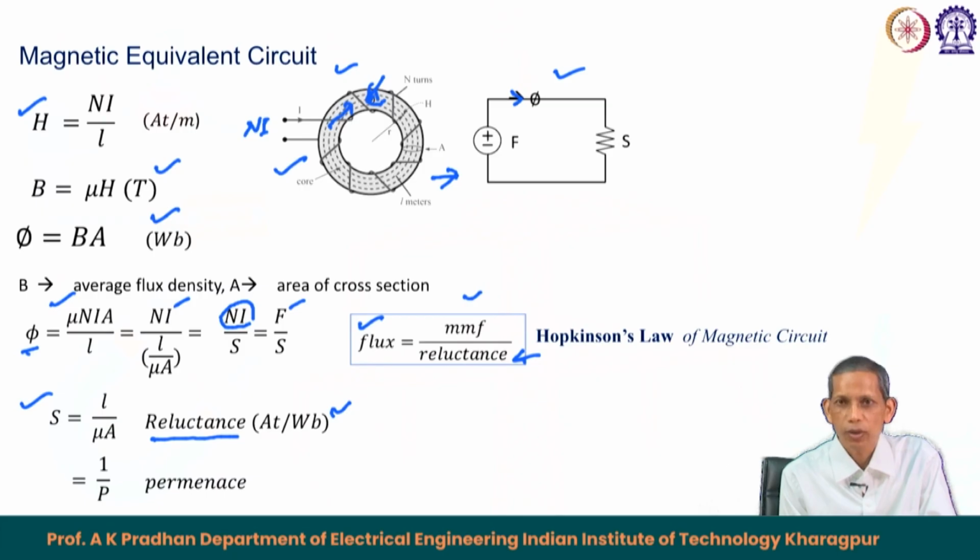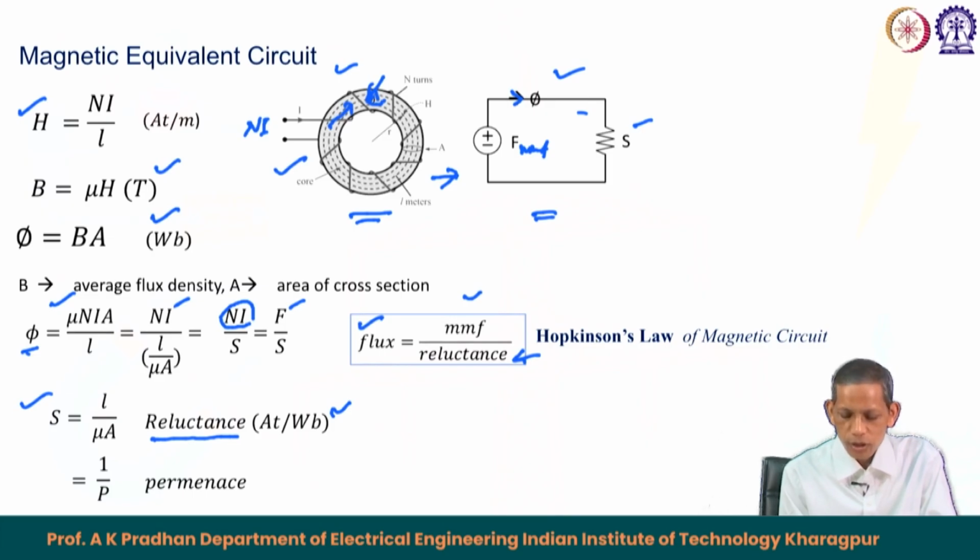The source here is the coil which provides N I amount of MMF. We start from there, the core has a reluctance S, you connect the source to the reluctance, and through this a flux phi is established. So, this is the corresponding flux phi in the core. For this magnetic circuit, the corresponding equivalent circuit becomes like this.